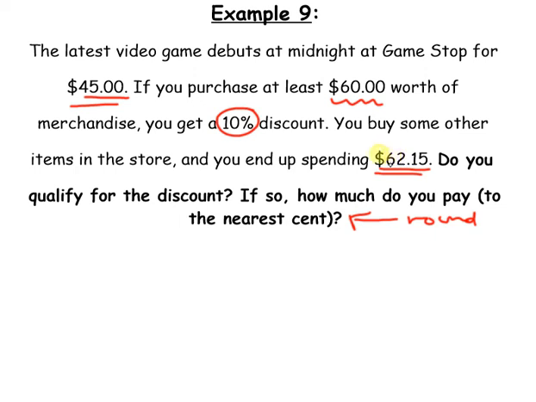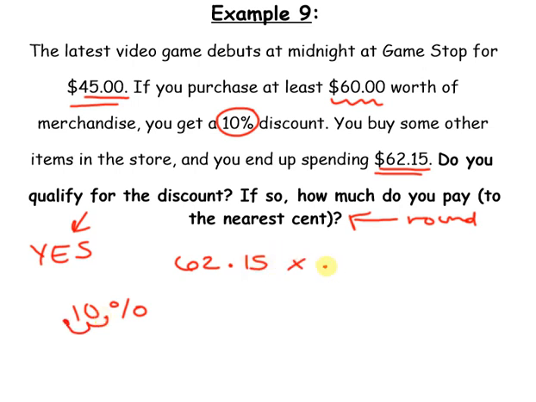So the first question is pretty basic. Do you qualify for the discount? Yes or no? Did you spend at least $60? Yes, you did. The second question is more important. How much do you pay? So what is our original price? $62.15 times 10%. I'm going to write it over here. Move the decimal point back once, twice.